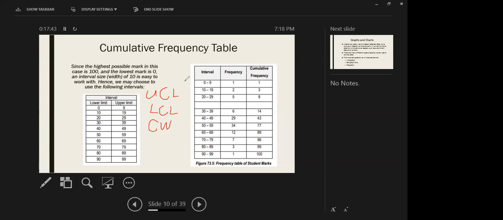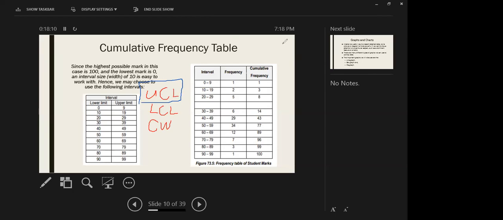But the easiest way for you to calculate the class width is that you've got 2 ways. You can use 2 upper class limits of adjacent classes to find the class width.